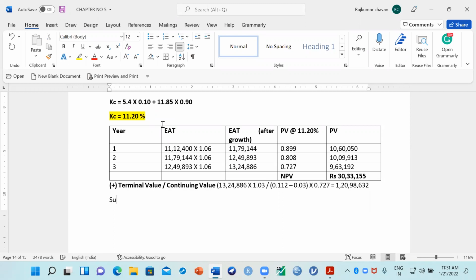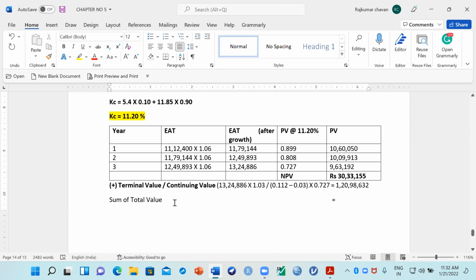So now can we take the sum of the total value of this? What is the total value of this restaurant now? If they want to sell, what price should they fix to Q? Q is ready to buy, no?